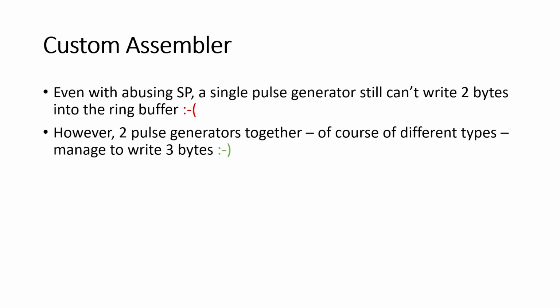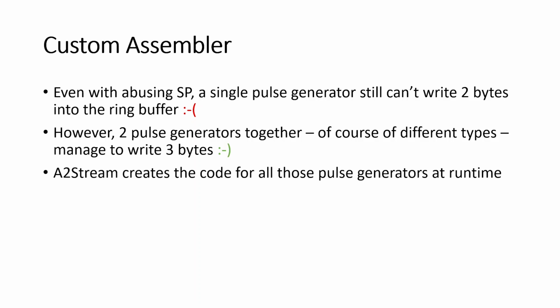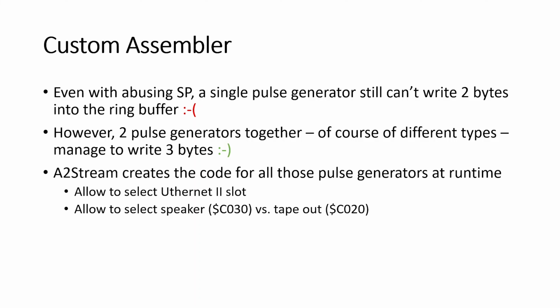Of course, all these pulse generators aren't coded manually. You need a pulse generator generator. You could run this generator beforehand and store the result in an Apple II binary file. However, A2Stream creates the code for all those pulse generators rather at runtime. This has several benefits, including the ability to select the Uthernet slot and the ability to select speaker versus tape output.